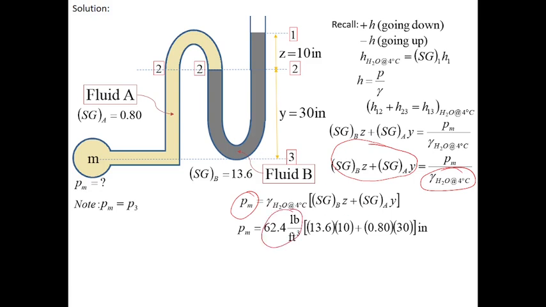Then, the specific gravity of liquid B is 13.6 multiplied by 10, which is expressed in inches, plus 0.80, the specific gravity of liquid A, multiplied by Y, that is 30 inches. I already factored it out, so there is inch there.